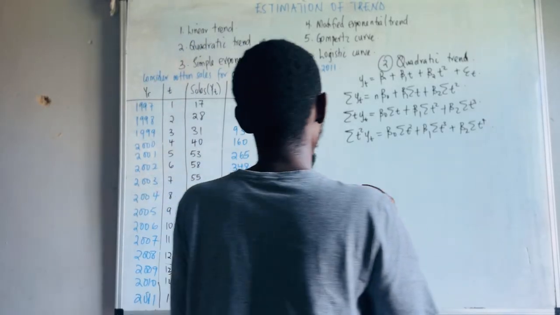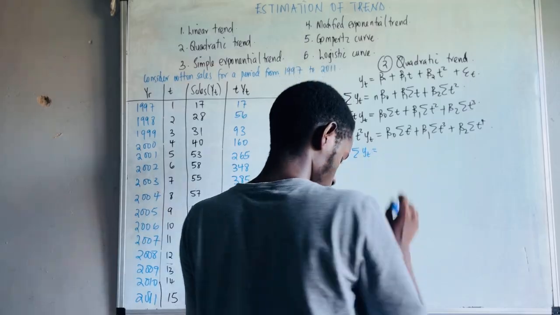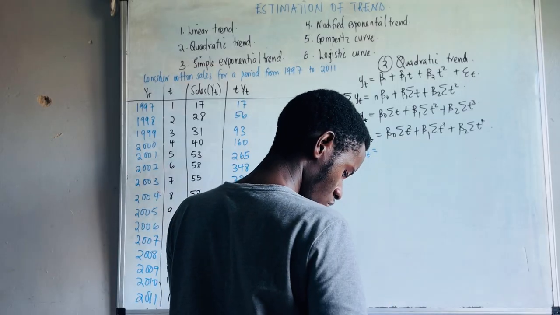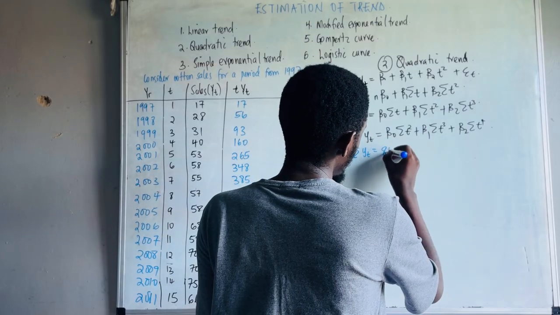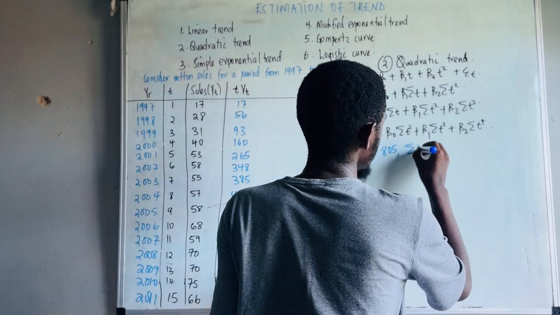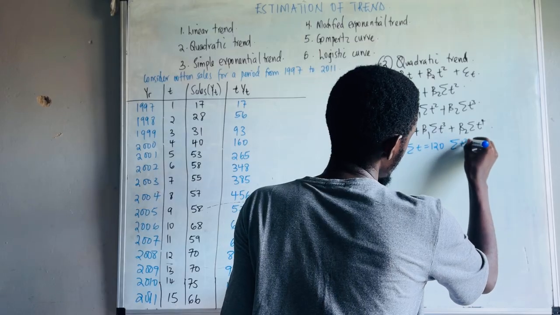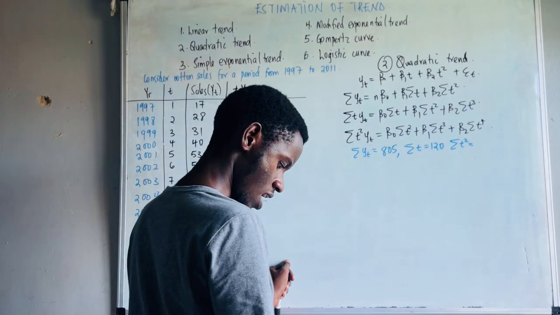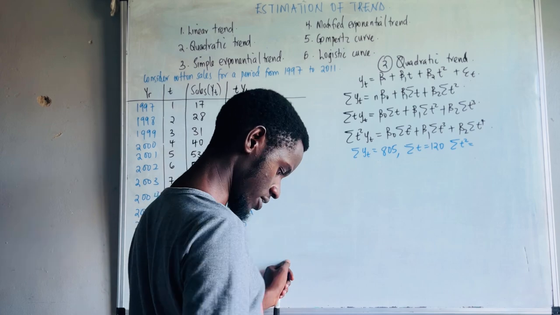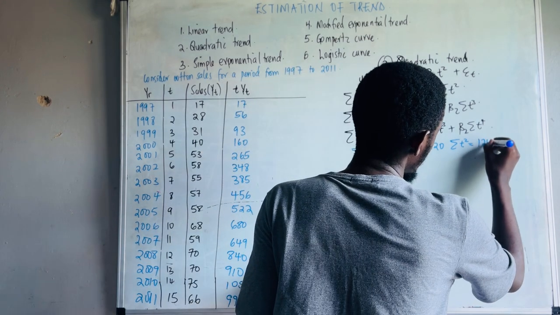But remember, summation of yt was originally 805. Well, let's use the same example. Summation of t was 120. Summation of t squared, we got it as 1240.